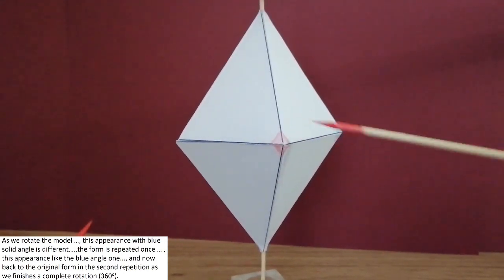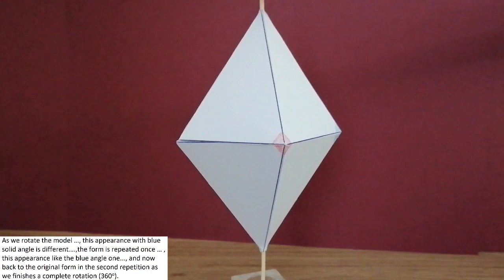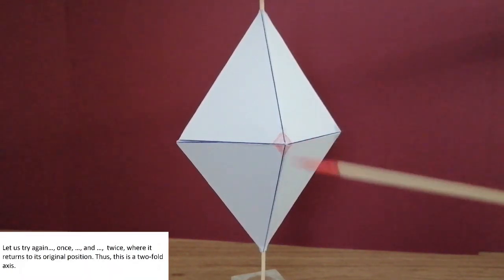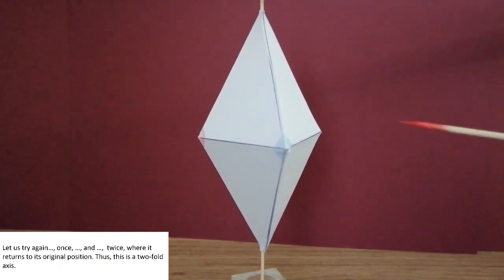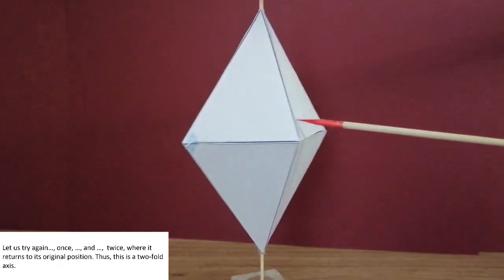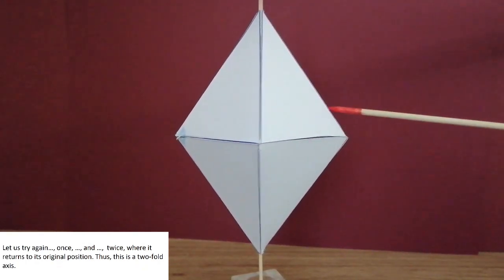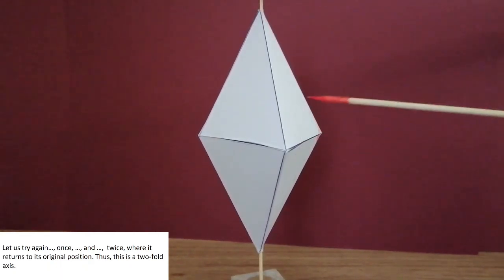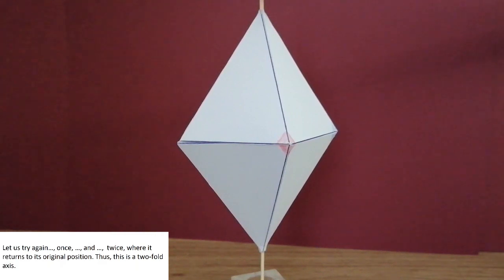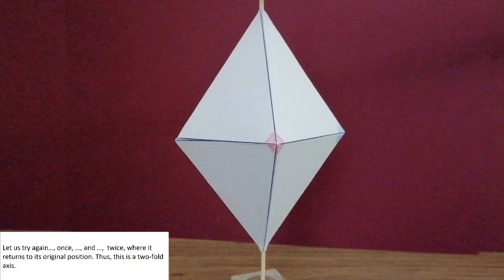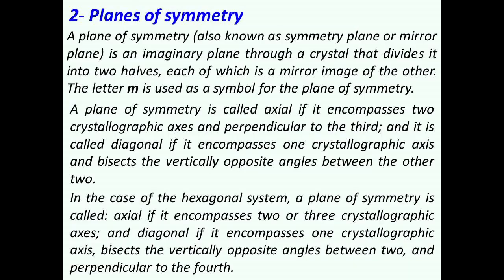And now back to the original form in the 2nd repetition as we finish a complete rotation. Let's try again. Once, and twice, where it returns to its original position. Thus, this is a twofold axis of symmetry.